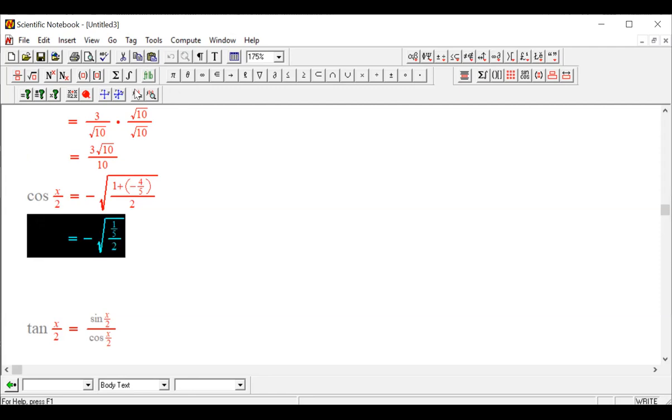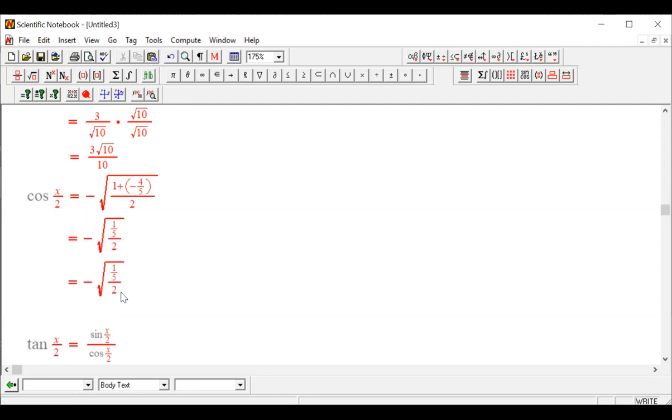And next we're going to have a negative, so this is going to be 1 over 10. Rationalize it, we get negative root 10 over 10. Rationalize the same way.